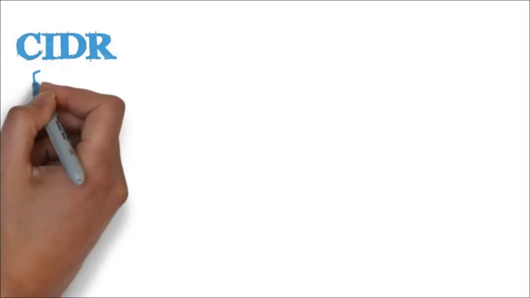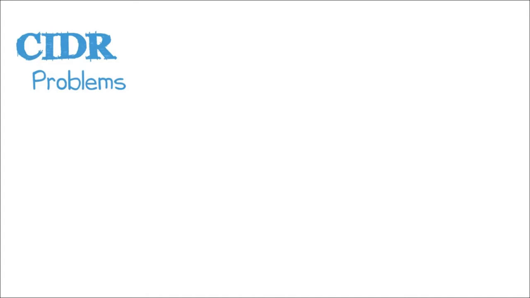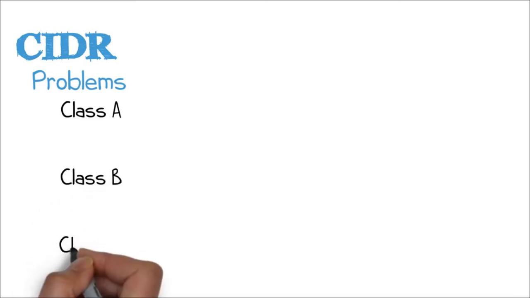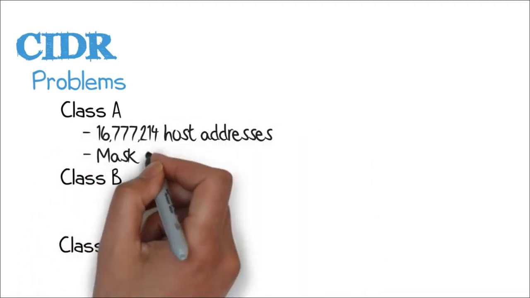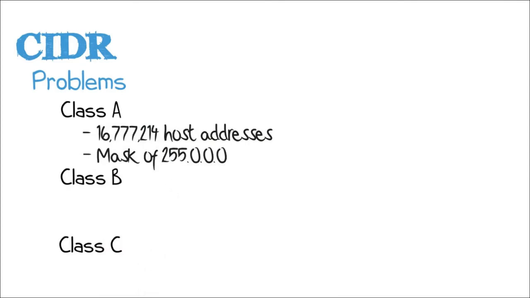Now previously, before CIDR was used, we had classful address masks. So we had Class A addresses, Class B addresses, and Class C addresses. A Class A subnet supports about 16 million addresses and uses the mask 255.0.0.0.